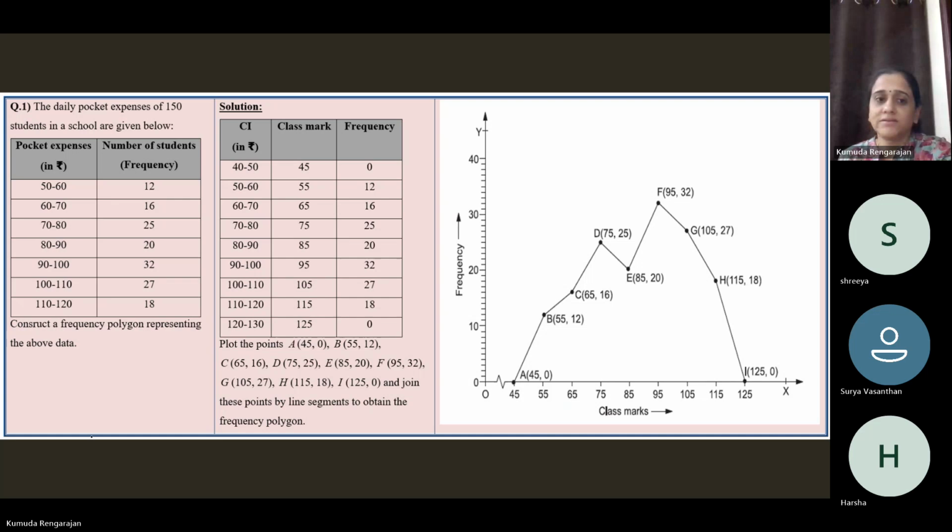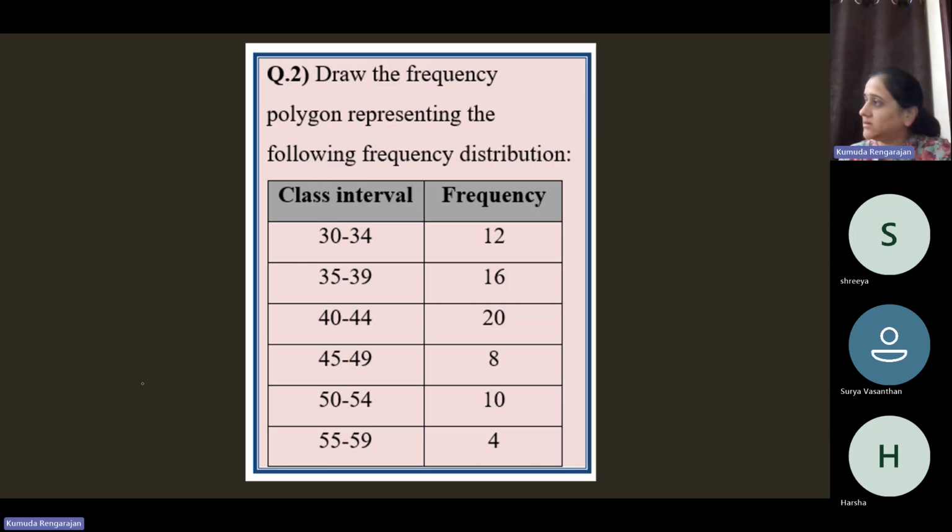Now here, the class intervals are not continuous. We understood when we learned about the histogram that the class intervals have to be made continuous. Now you check: you find the class marks without making the class intervals continuous and after making them continuous. The class mark will be the same.